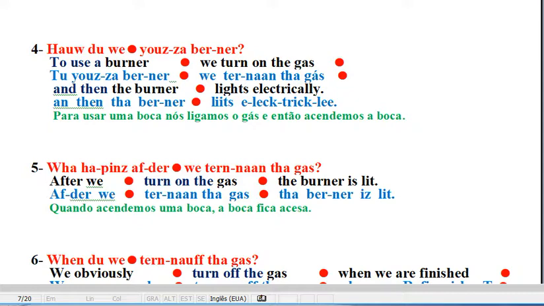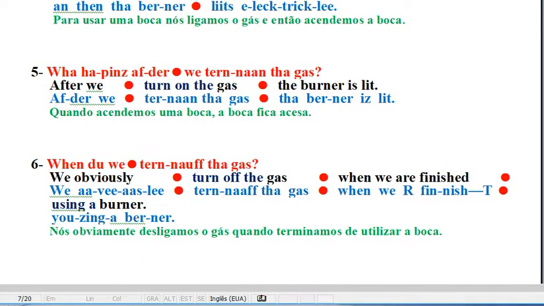Question. How do we use a burner? To use a burner, we turn on the gas and then the burner lights electrically.